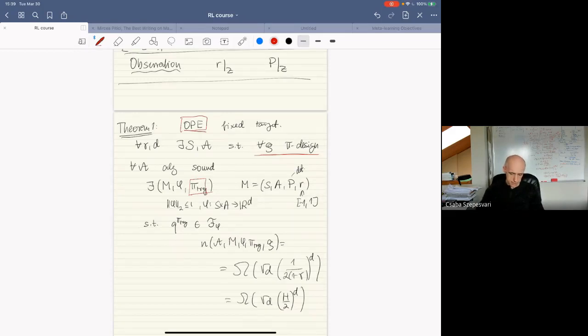The algorithm is going to get some features, and then it can use a pi design, just ideated by a rho, and it can use whatever pi design it wants to have. It doesn't matter, because the result says that if you have an algorithm which is sound, by soundness here we mean it's policy evaluation. So we're going to mean that the algorithm can estimate the value of this policy up to some fixed accuracy, like 1/2, constant accuracy.